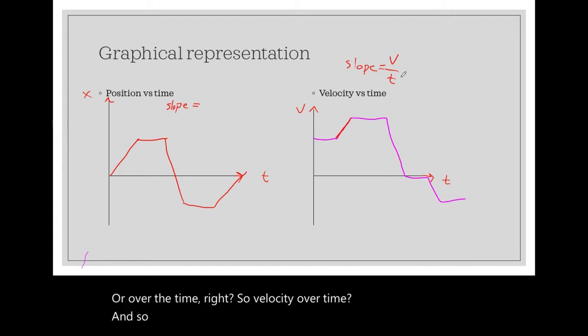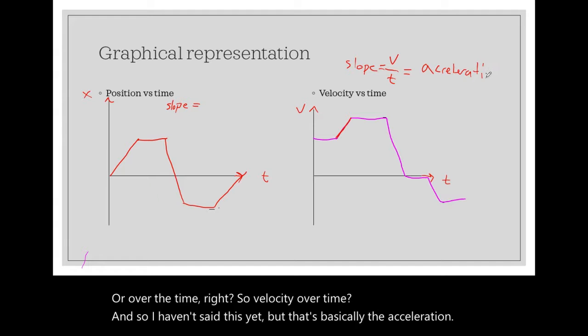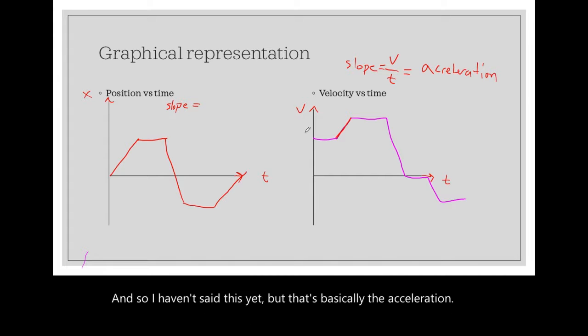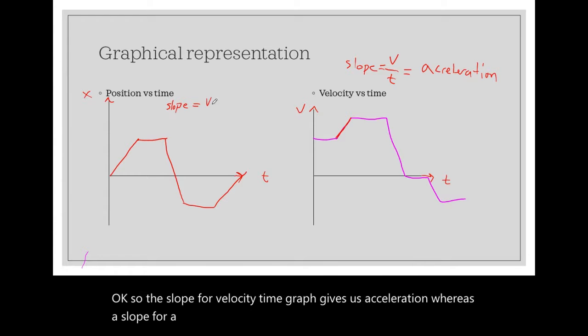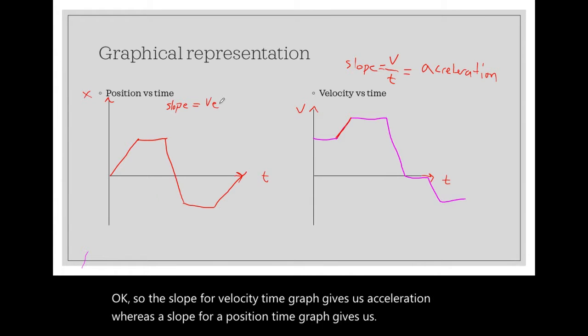And so I haven't said this yet, but that's basically the acceleration. Acceleration. Okay. So the slope for a velocity time graph gives us acceleration, whereas the slope for a position time graph gives us velocity.